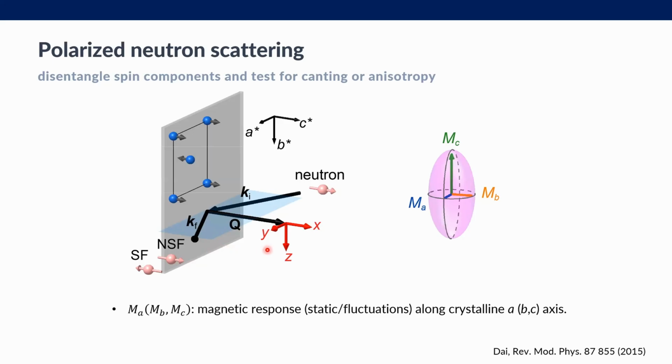We can further polarize the neutron along the x, y, z directions, and this coordinate is defined with respect to the scattering vector Q. By measuring these three different polarization cross sections, we can resolve the magnetic response along the crystalline a, b, c axes. In the elastic case, when we do the diffraction, we can measure the magnetic moments along the a, b, c axes. In the inelastic case, we are measuring the fluctuating moment along the a, b, c axes. We define this magnetic response as Na, Nb, and Nc.